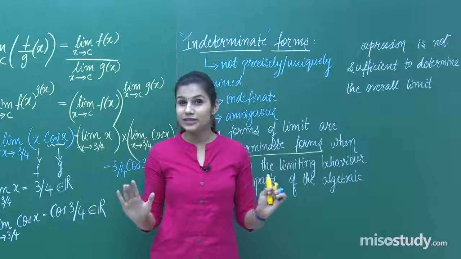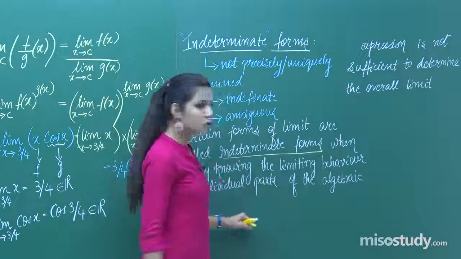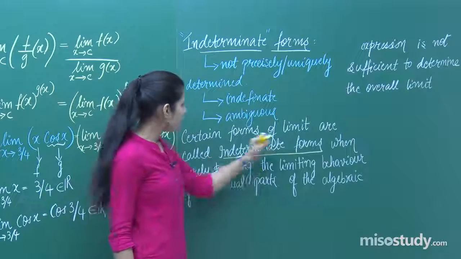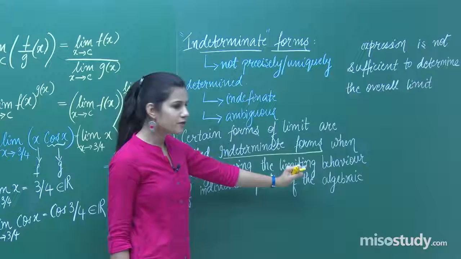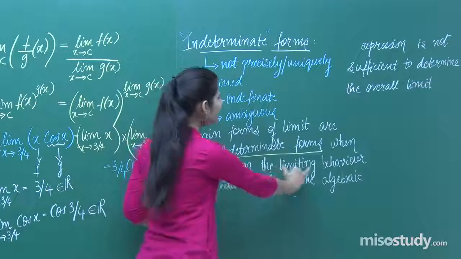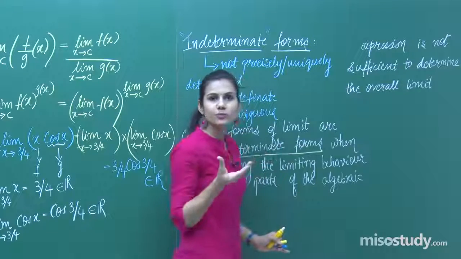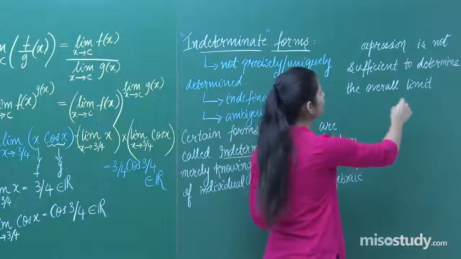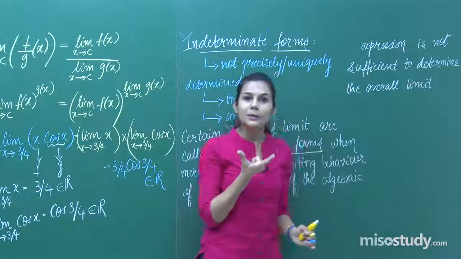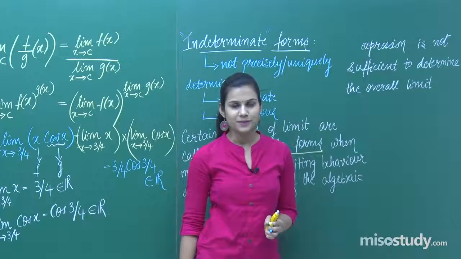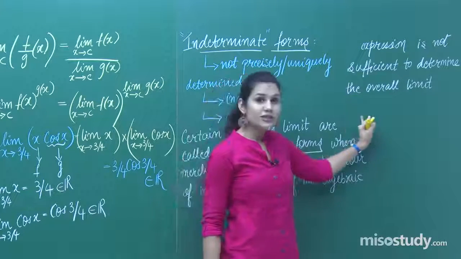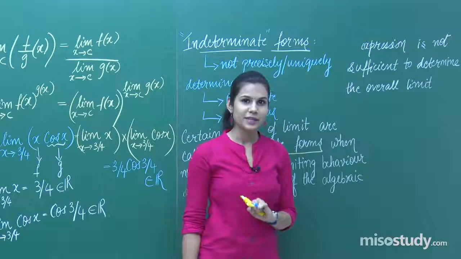No, it's not always just sufficient. That's what it's written over here. Certain forms of limit are said to be indeterminate forms of limit when just knowing the limiting behavior of individual parts of that algebraic expression is not sufficient to determine the overall limit of that algebraic expression. Okay? Such are the forms of limit known as indeterminate forms.